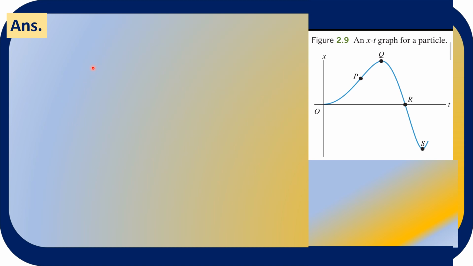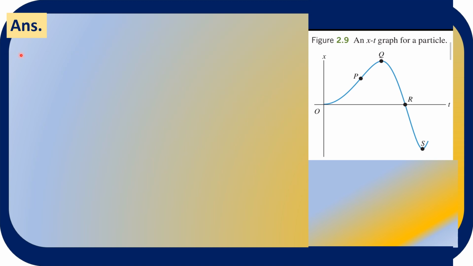All right, so for our answers to this question number 2, first, let's emphasize that the x velocity being described at each point in the graph is actually referring to the instantaneous velocity, and not the average velocity.